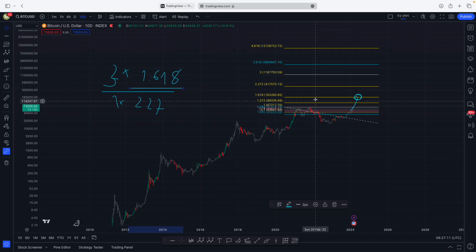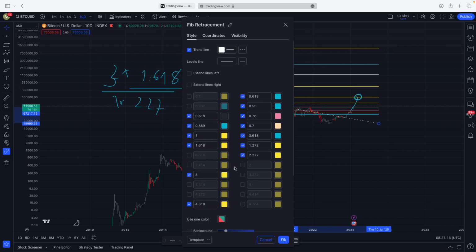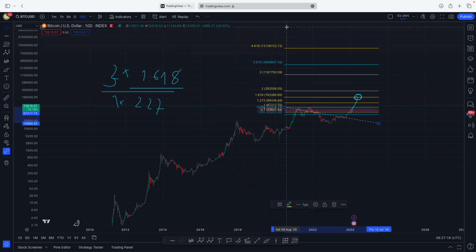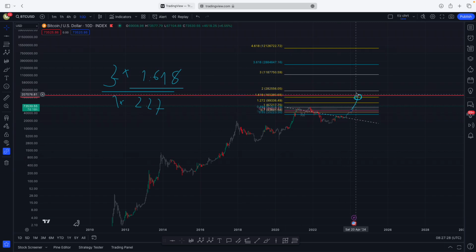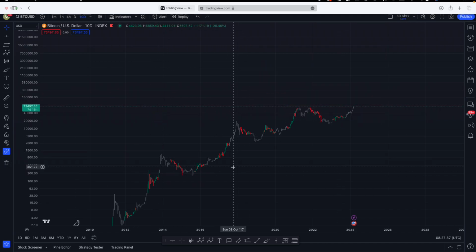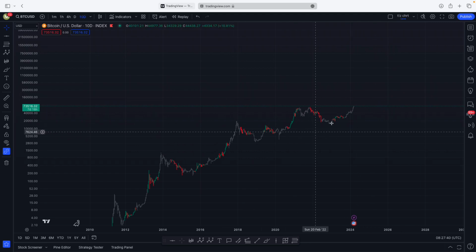If you ask me which target is most likely, I'm going to call out 182,000. I had multiple charts pointing towards a price of around $182,000 for Bitcoin. This would be a slight overshoot of the 1.618, as we did here and there. So this is a fast and short way to predict where the top could be based on the past for Bitcoin.